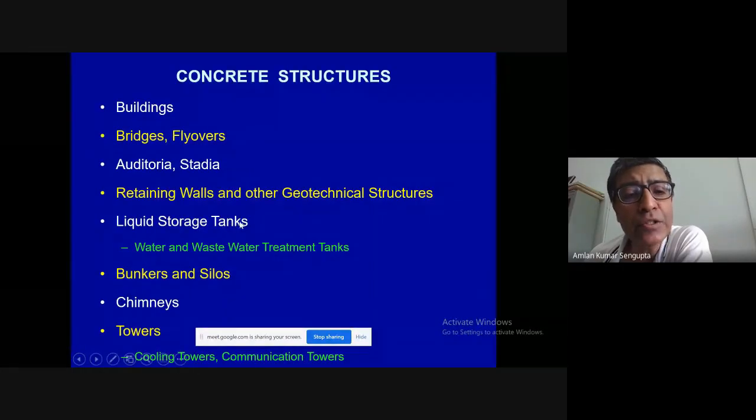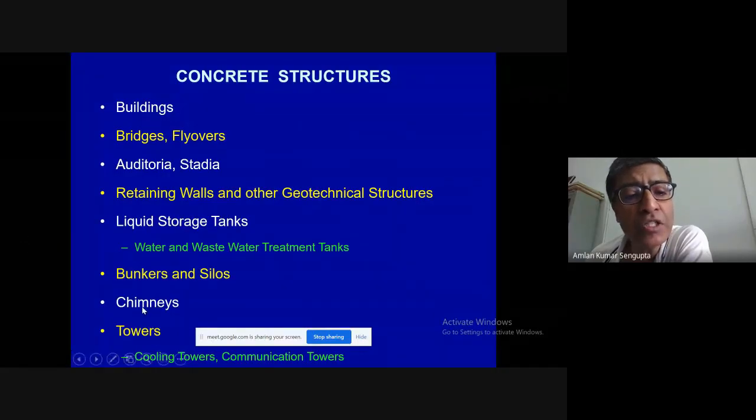Liquid storage tanks are used either to store water or liquefied petroleum or any other type of liquid in the chemical industries. Bunkers and silos are structures which are used to store materials like coal, cement, or any other minerals.